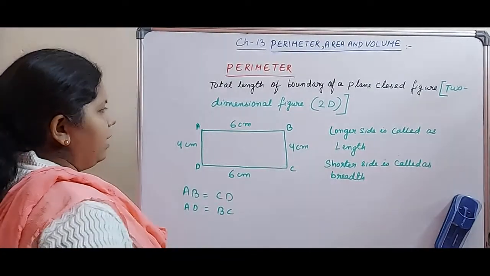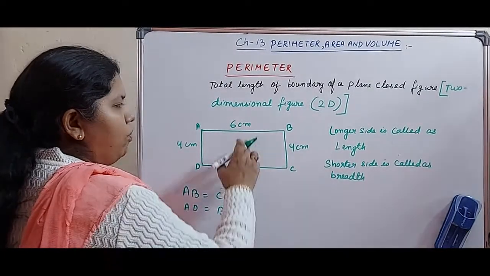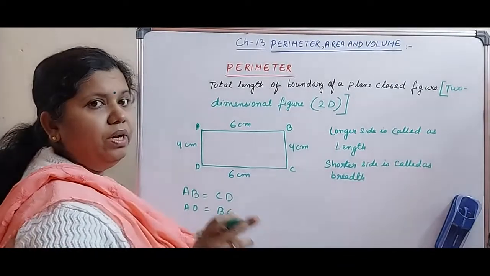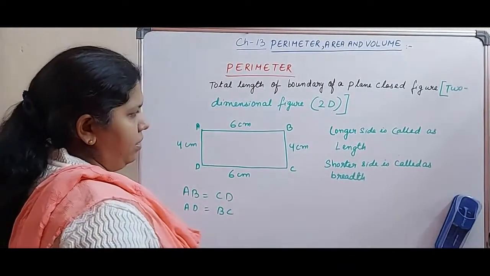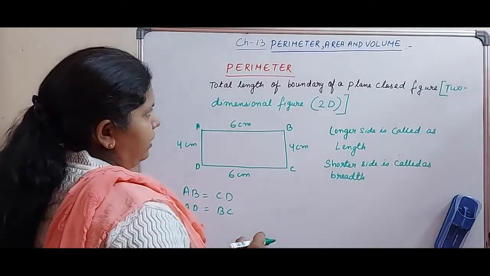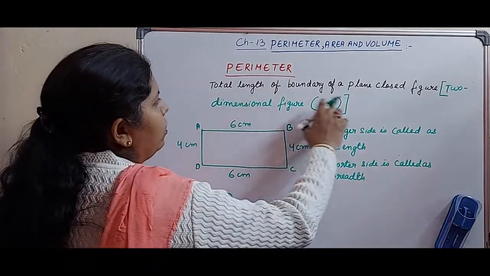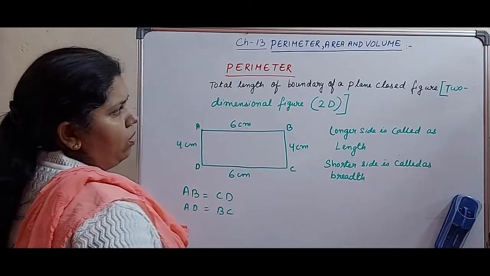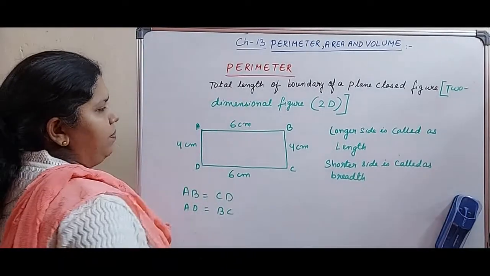So for a rectangle, we will have opposite sides equal. So there will be two lengths and two breadths. Yes or no? Now we already know the total length of the boundary of the plane closed figure is the perimeter.